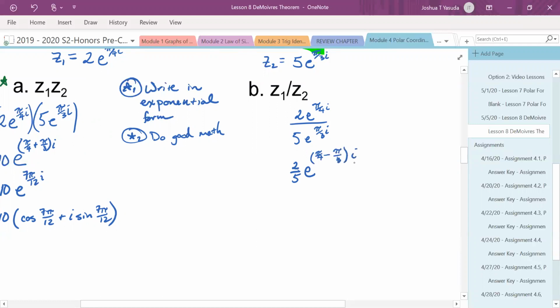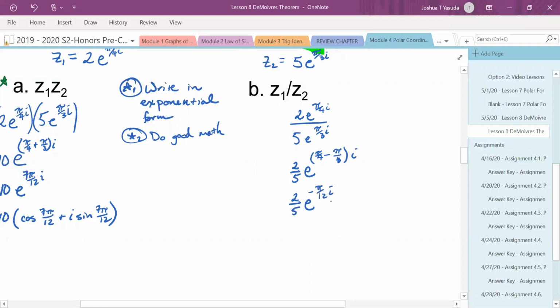What did I just say that was? I said that was 3/12 minus 4/12. So that would be negative 1/12. So 2/5 e^(−πi/12).